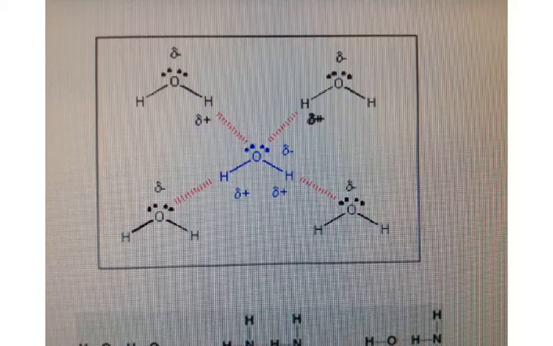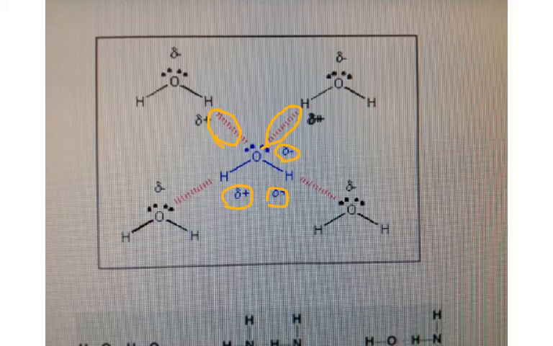So we have one water molecule that has a partially negative end and a partially positive end on those hydrogens. The negative is on that oxygen. What it is, is the attraction of these lone pairs to this partially positive hydrogen, and these lone pairs attracted to that partially positive hydrogen on another water molecule.